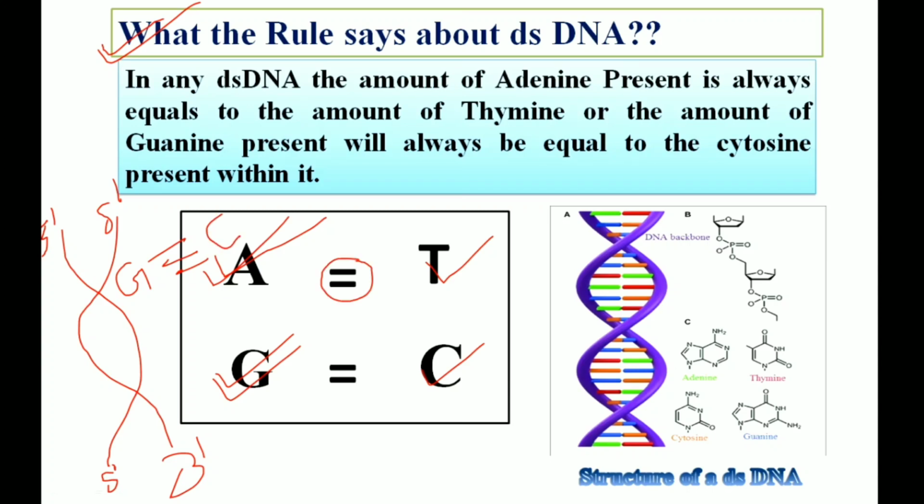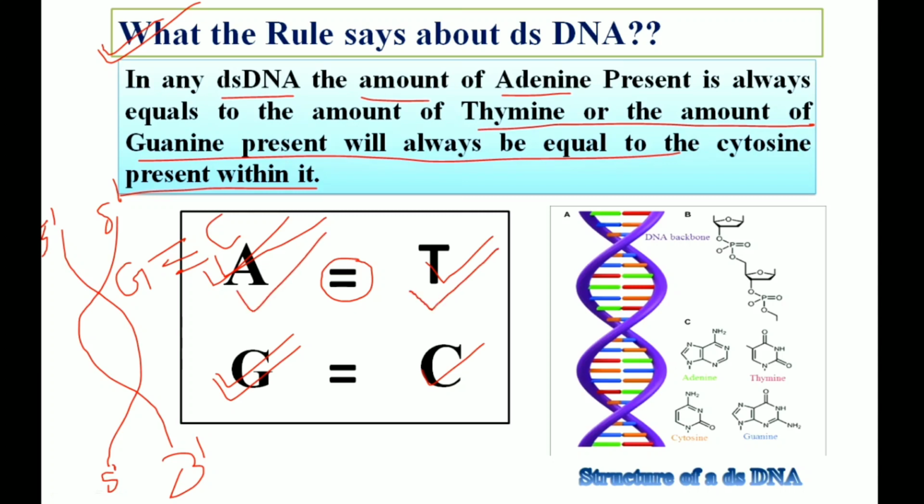So what the rule says is that in any double-stranded DNA, the amount of adenine present is always equal to the amount of thymine, and the amount of guanine present will always be equal to the amount of cytosine present within it. By understanding Erwin Chargaff's rule, we know that adenine is always equal to thymine.